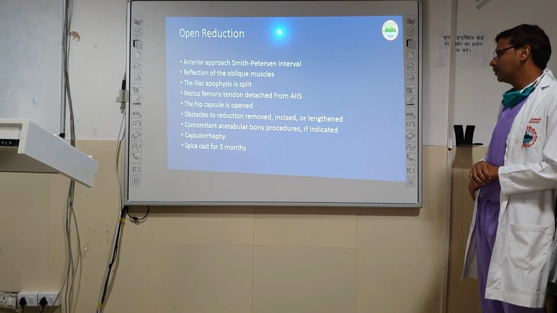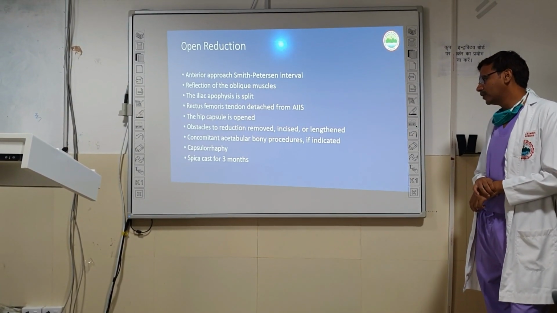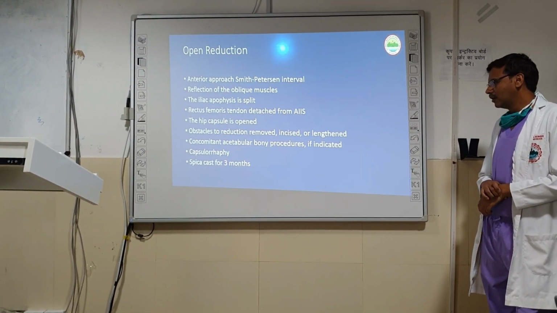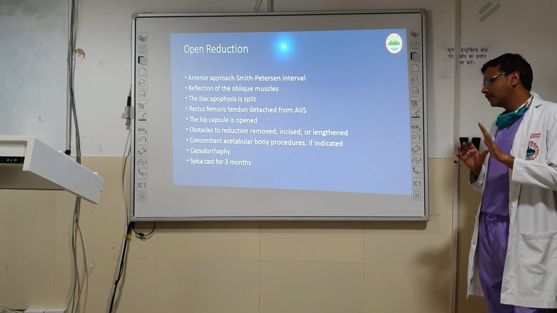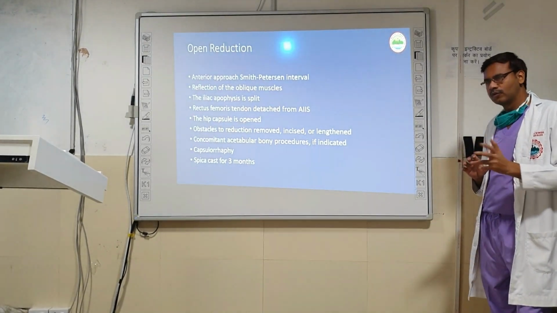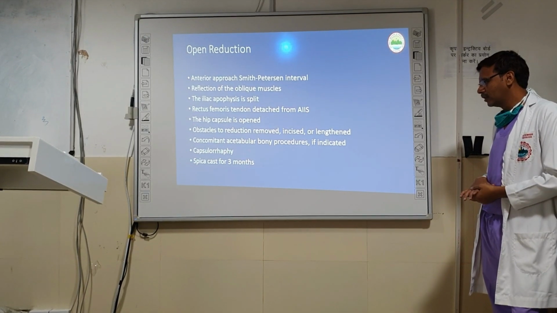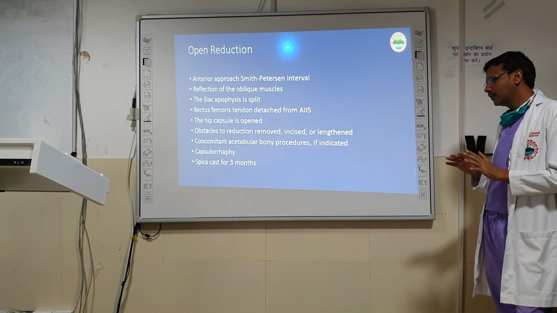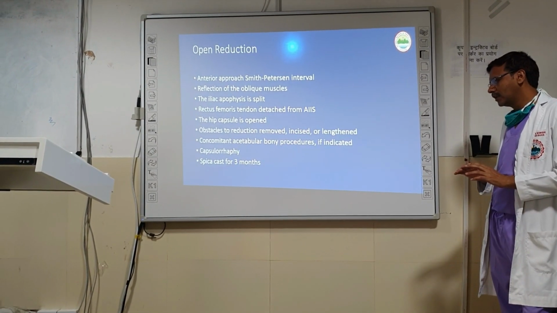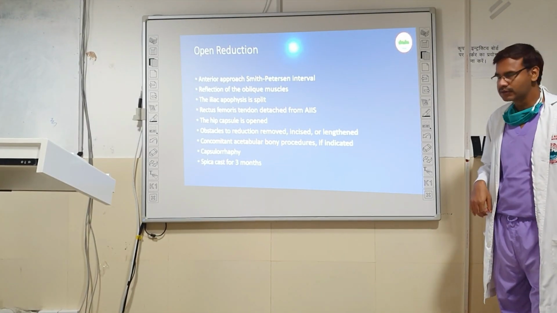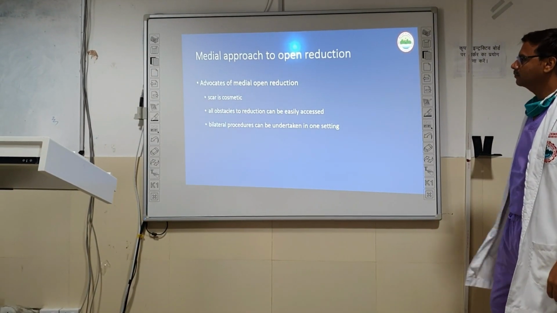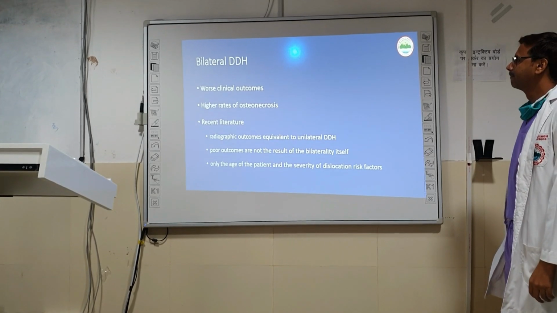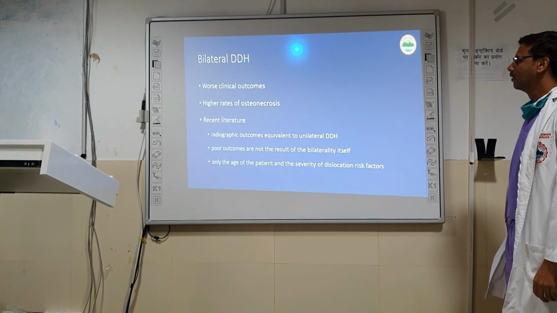Then the obstacles to reduction should be removed, incised or lengthened. And if you feel you need some more bony procedure like femoral or acetabular, then you have to do that. Once you have done everything, then you do a nice capsulorrhaphy and then a spica cast for 3 months. Next.